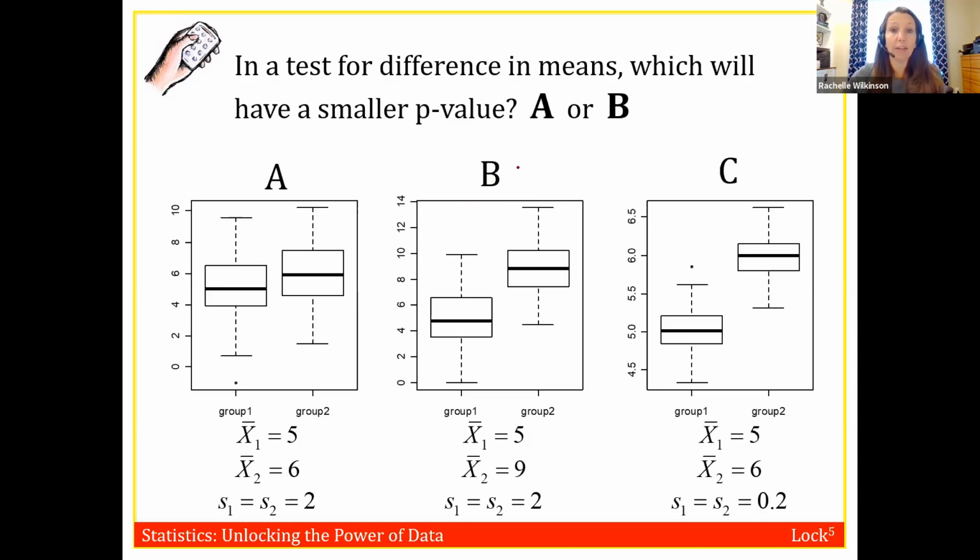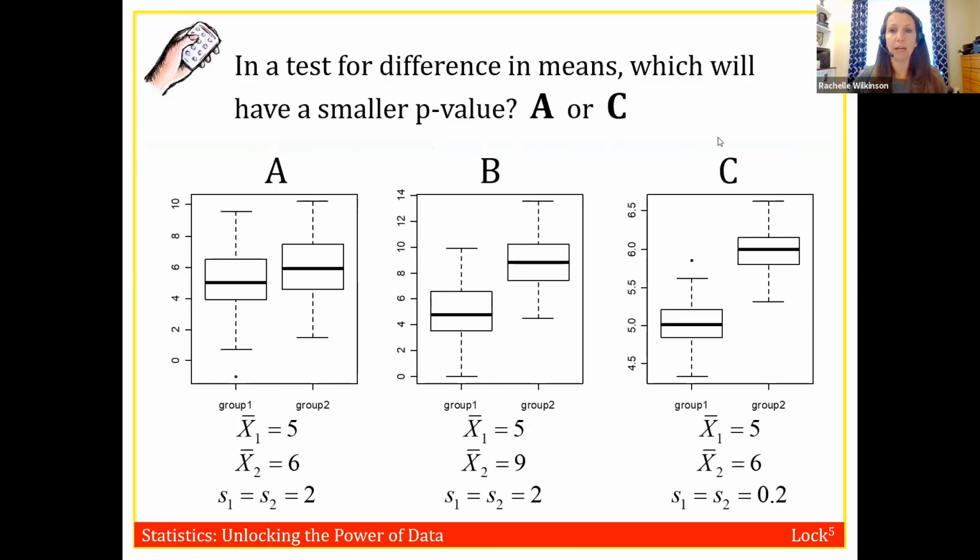If we have more evidence, then it's going to have a smaller p-value, right? Because a smaller p-value equals greater evidence against the null, so in favor of a difference. Right, B. You can see that the means are further apart compared to how much variation we're seeing within the group.